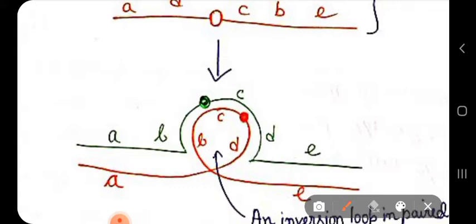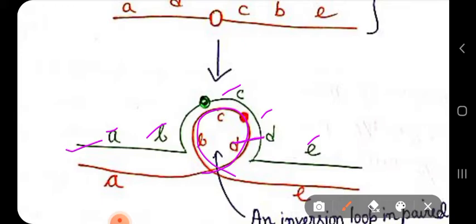So you can see this upper chromosome is normal, A, B, C, D, E, whereas the chromosome having the inverted segment tries to pair with its homologous chromosome, but its segment is in the inverted order. So that's why they form a loop-like structure like this, and thus they are pairing.